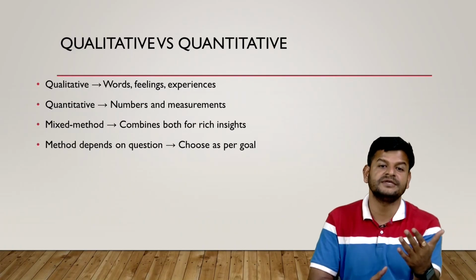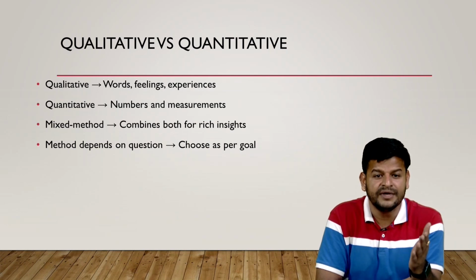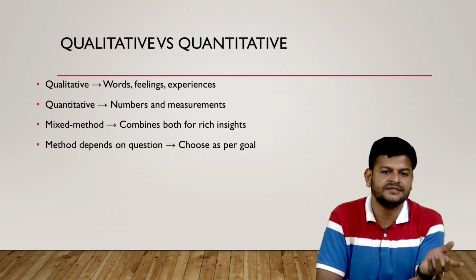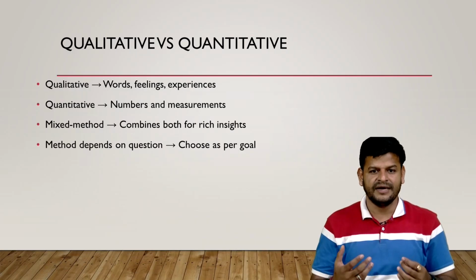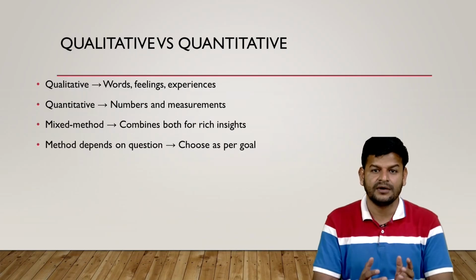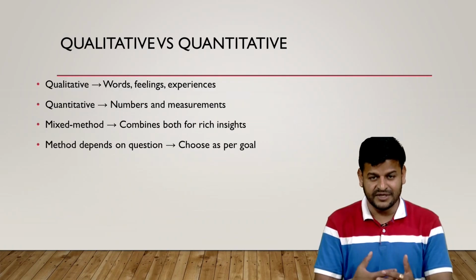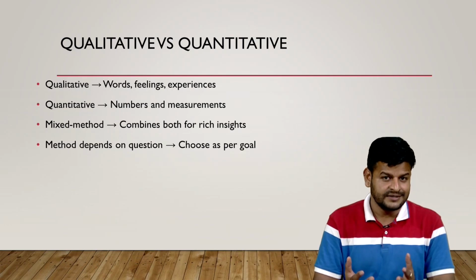Now, as a research pedagogy, what is qualitative and quantitative? Qualitative means words, feelings and experience, which are not countable, and quantitative is numbers and measurement. Our feelings are not measurable many times, our experience is not measurable, but it matters a lot. If something is not measurable, then does it not carry any kind of weightage?